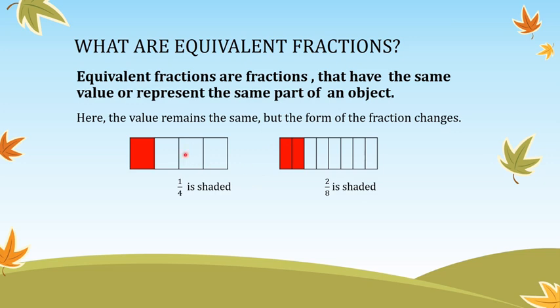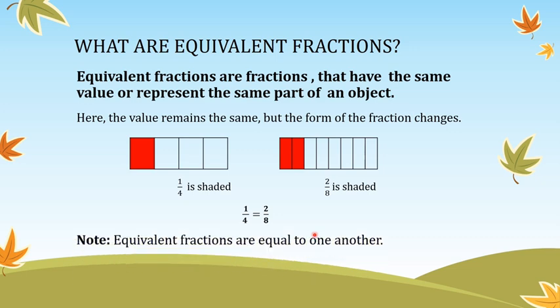Yes, the region covered by one shaded portion is equal to the region covered by 2 out of 8 parts. Both are equal. So can we not say 1 upon 4 is equivalent to 2 upon 8, or fraction 1 by 4 is equal to fraction 2 by 8?